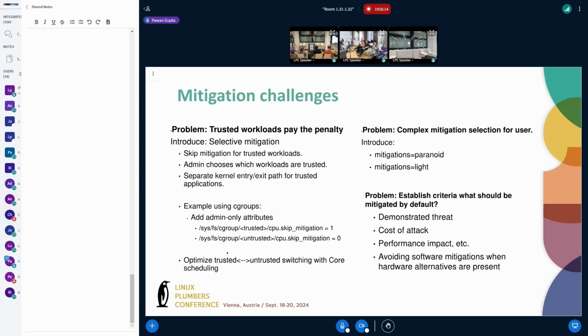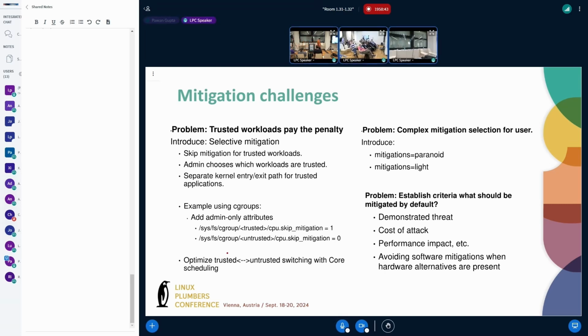It uses cgroups to convey the trust level of an application. There is a new attribute added in the cgroups called cpu.skip_mitigation. If an admin thinks this application is trusted, they just put it in a cgroup and set this attribute.